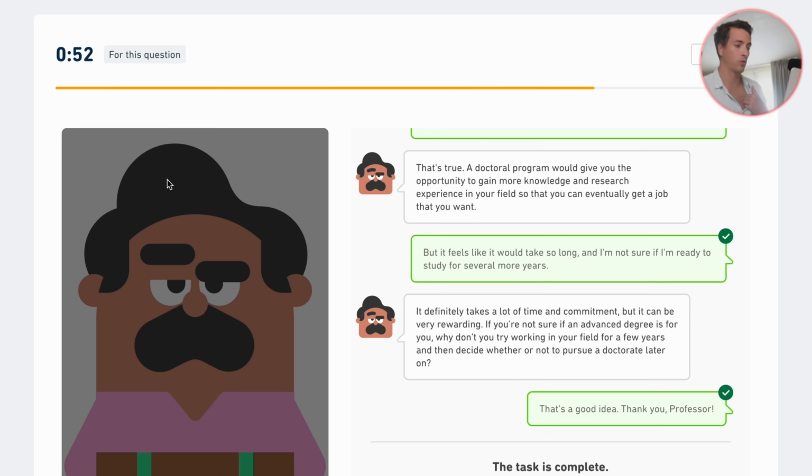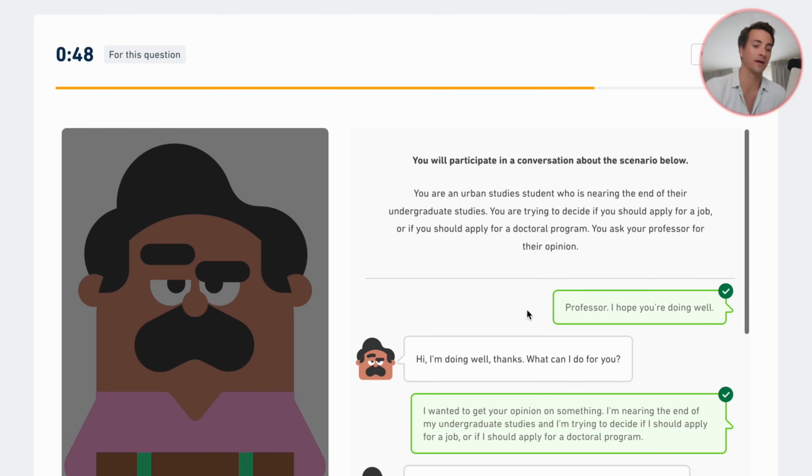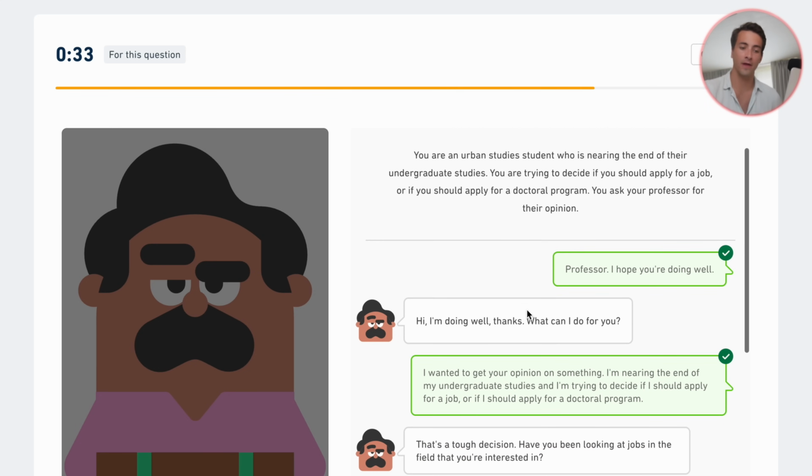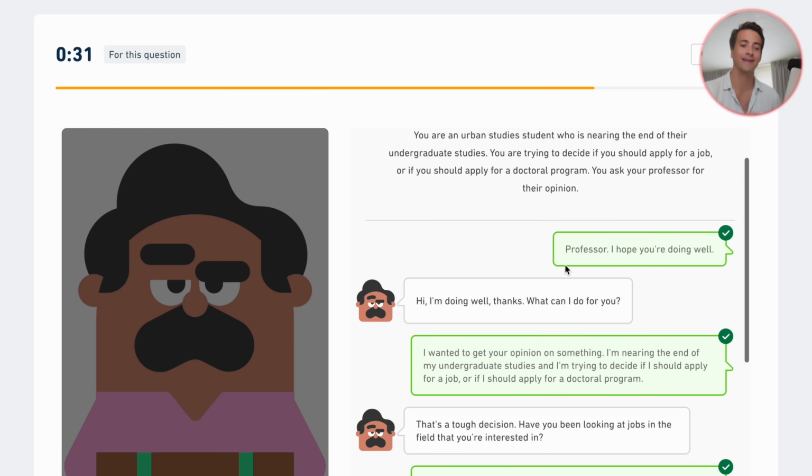Now, it's important that you save time to reread the entire conversation, because in the next question, you need to summarize the conversation in 75 seconds. So I'm going to reread the whole thing, remind myself who I am, who I'm talking to and why, and also what we talk about. So it's a summary. You're not going to be able to include all the information.